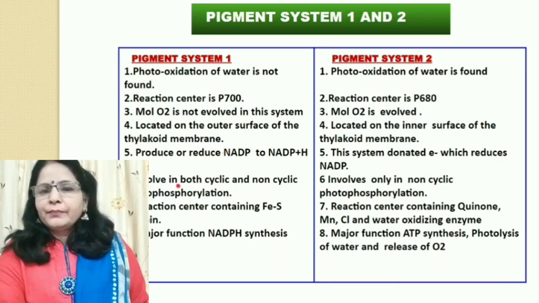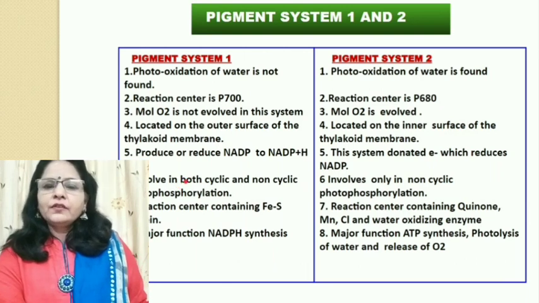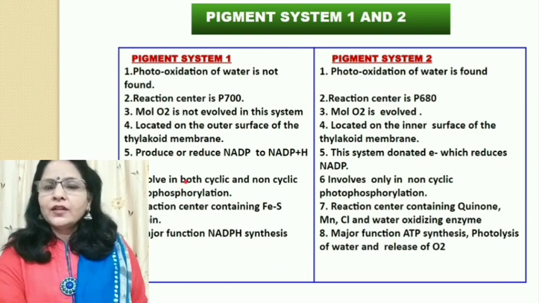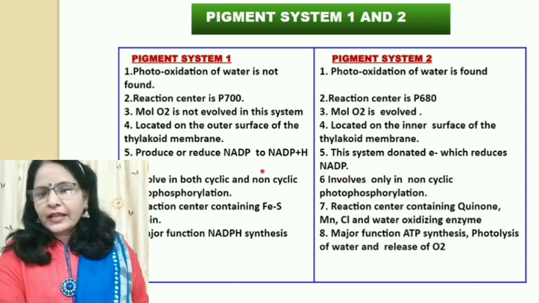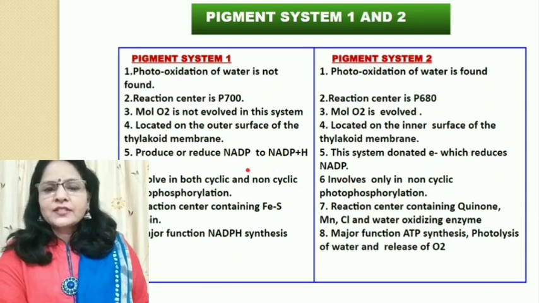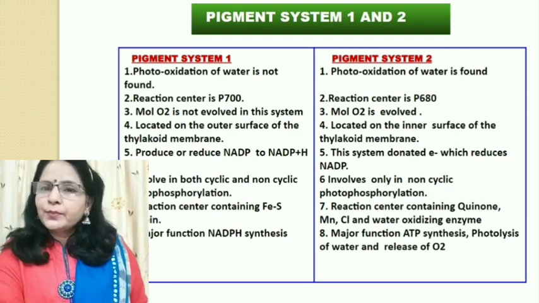Pigment system 1 is involved in both cyclic and non-cyclic photophosphorylation, whereas pigment system 2 is involved only in non-cyclic photophosphorylation. Both pigment systems consist of pigment and protein.